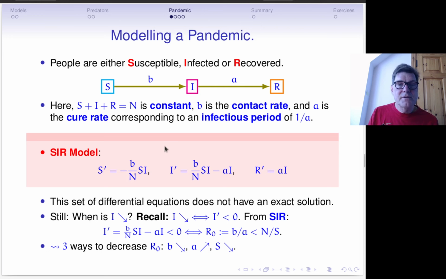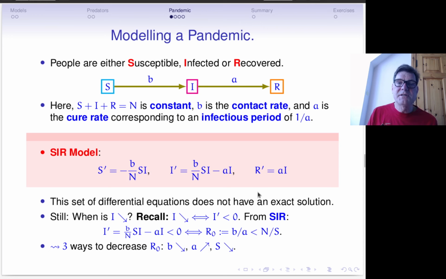B is the contact rate. So decreasing B means decreasing opportunities, decreasing the number of possible encounters between the S class and the I class. That's your social distancing.